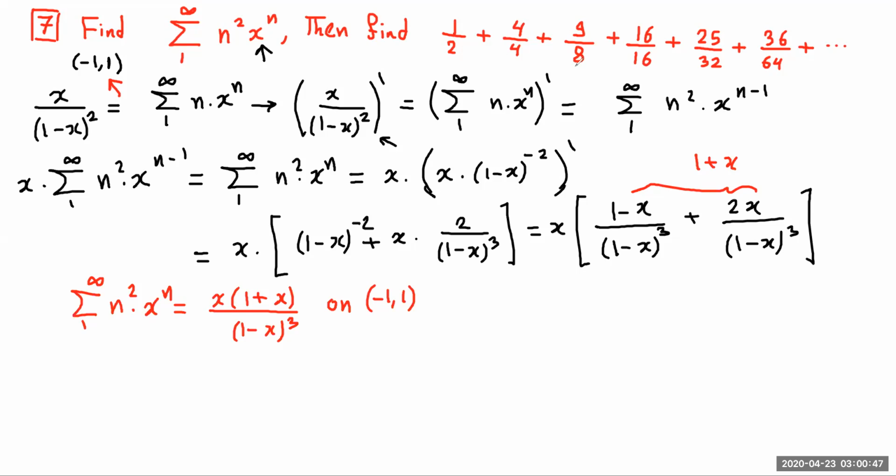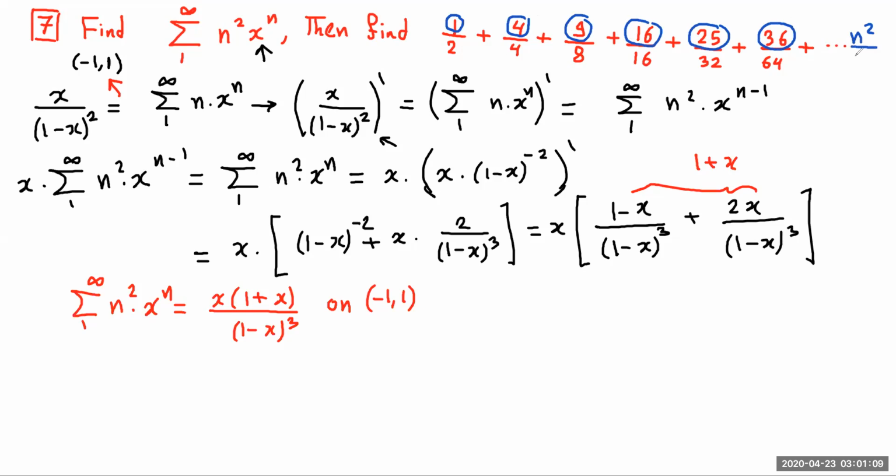Remark that these numbers, 1, 4, 9, 16, 25, 36, are always of the form n power 2: 1 power 2, 2 power 2, 3 power 2, and so on.